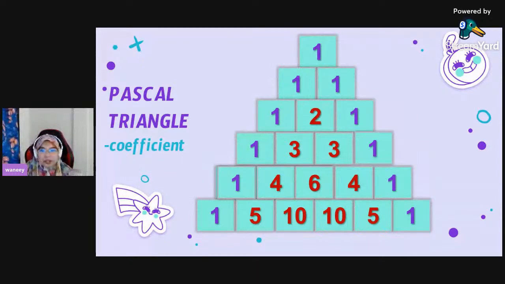Okay, so just in case you couldn't see what happened over there, the first and the last number is always 1, but the one at the middle you should add whatever number or whatever box that is on top of them. So for example over here 1 plus 1, so that is how you get 2.